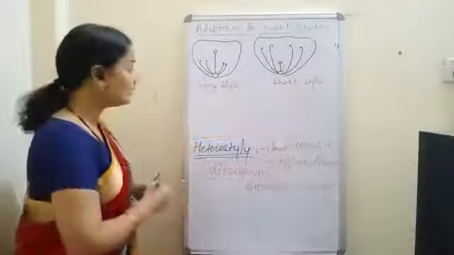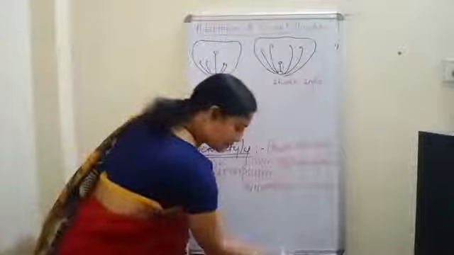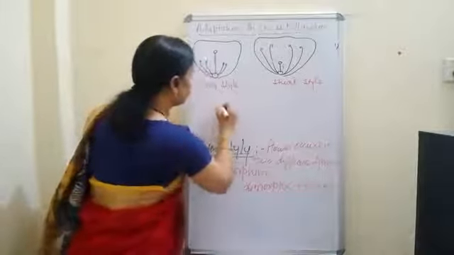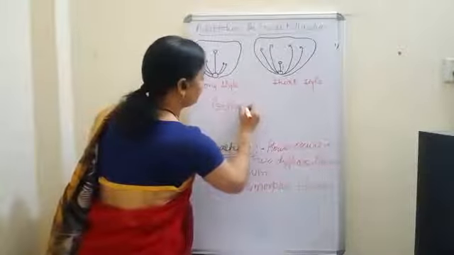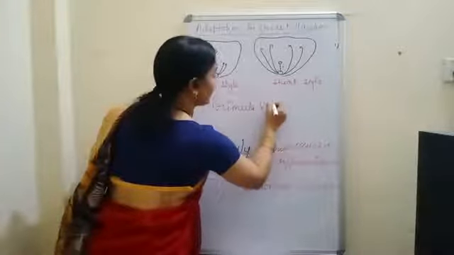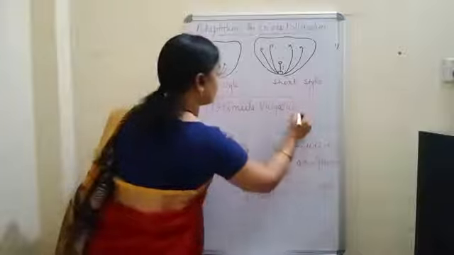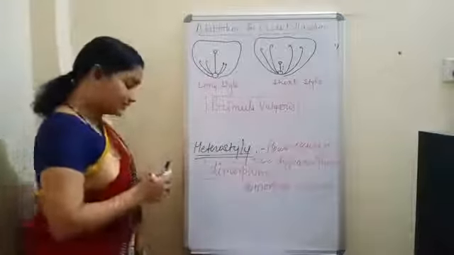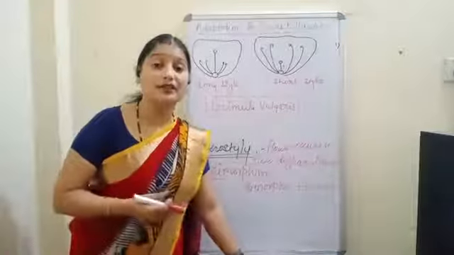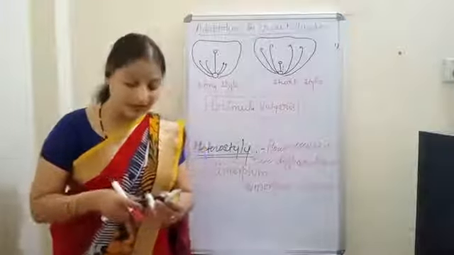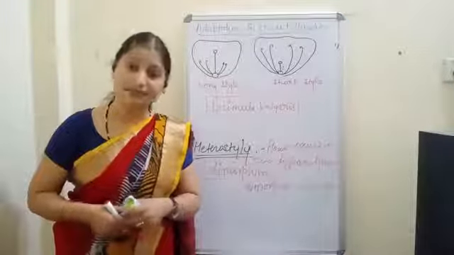Clear? The example is Primula vulgaris. We can say that Primula vulgaris can occur in two forms in nature.